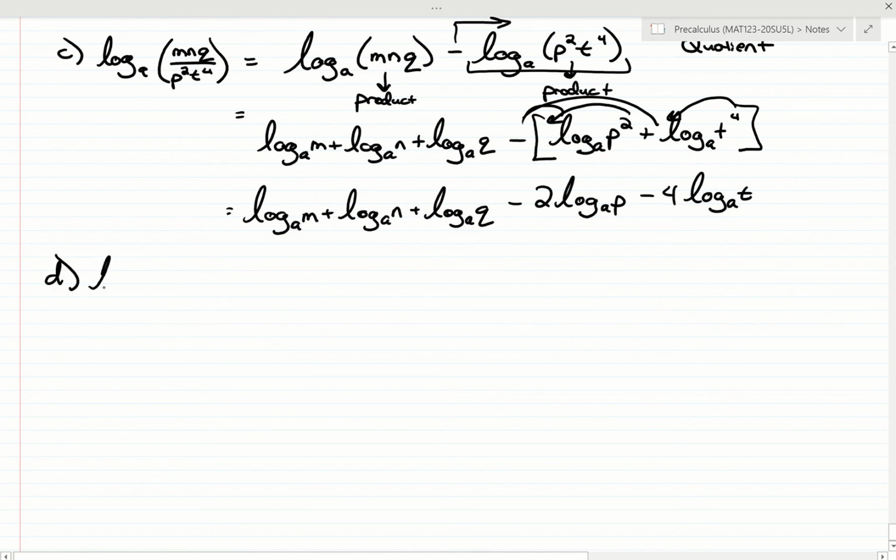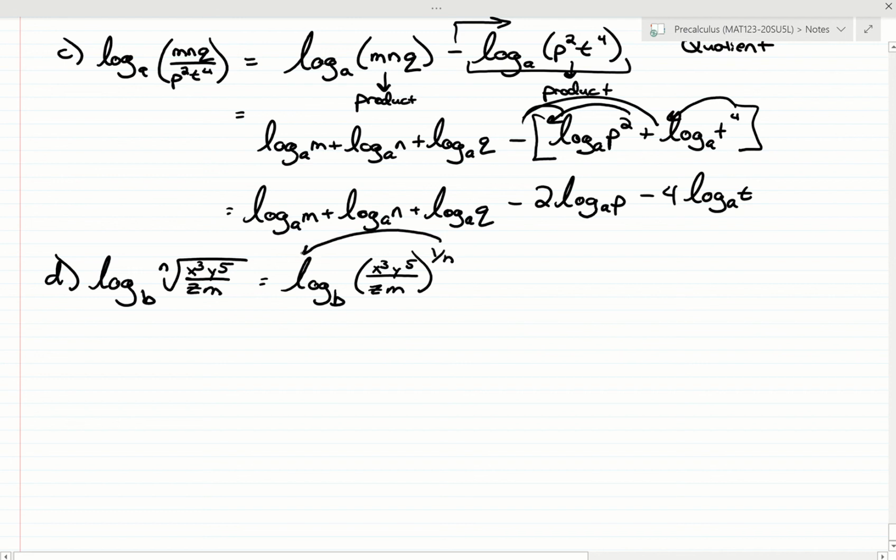What if we had the log base b of the nth root of x to the 3rd, y to the 5th, divided by zm? First thing let's do is convert that radical to a power. And we could bring that power down.